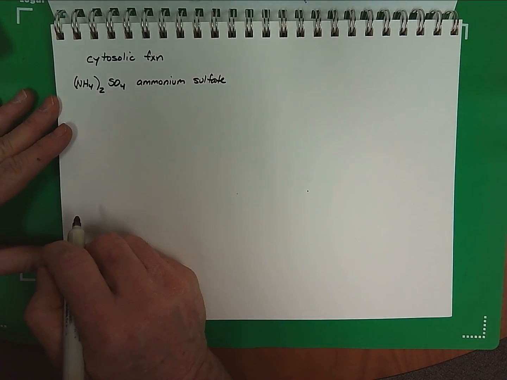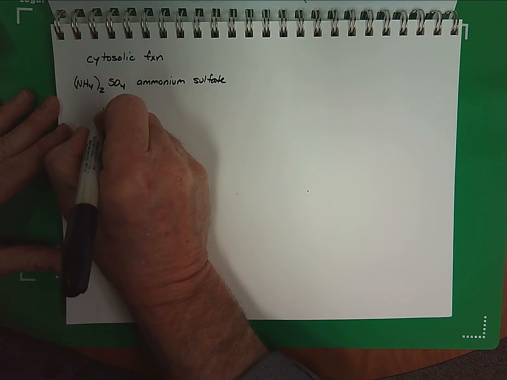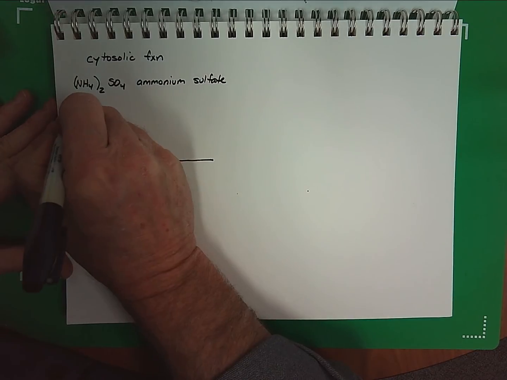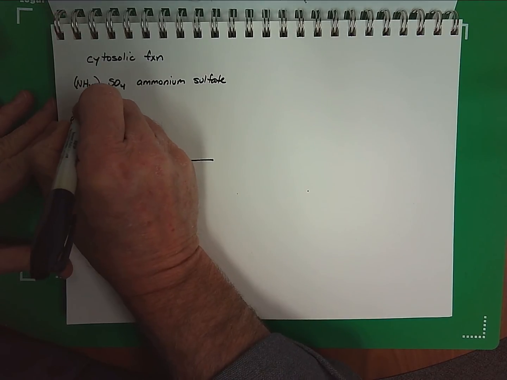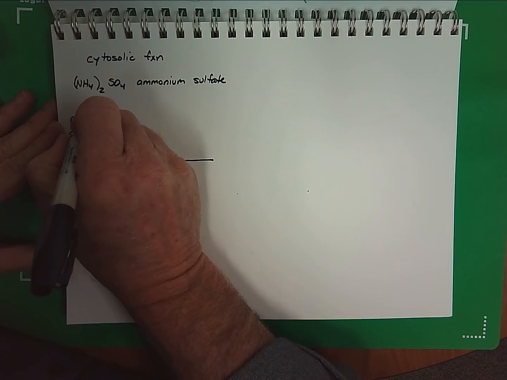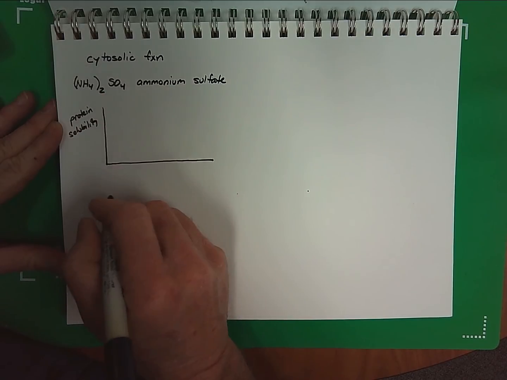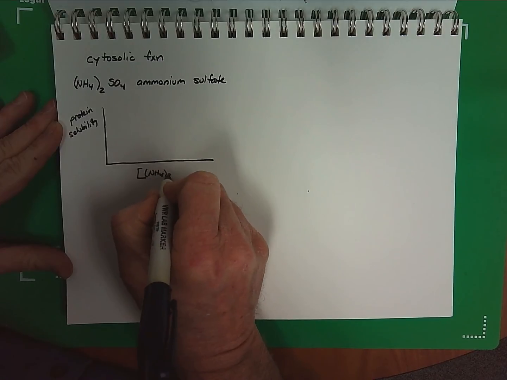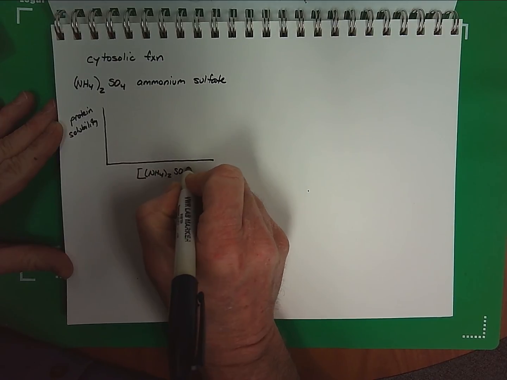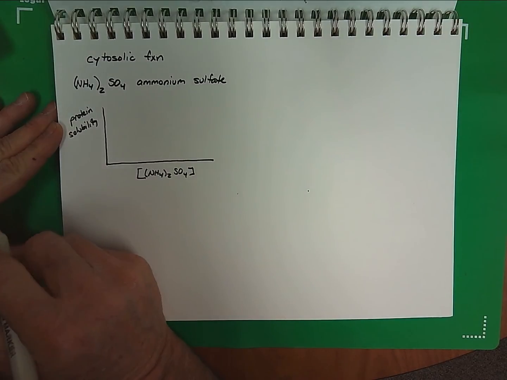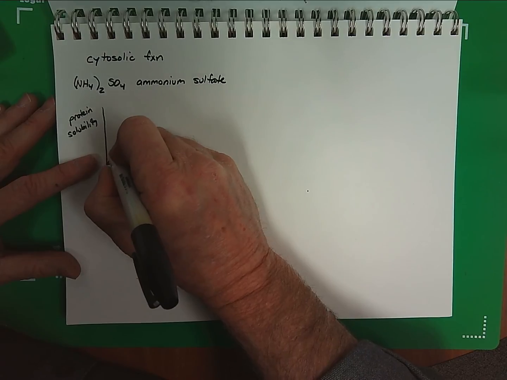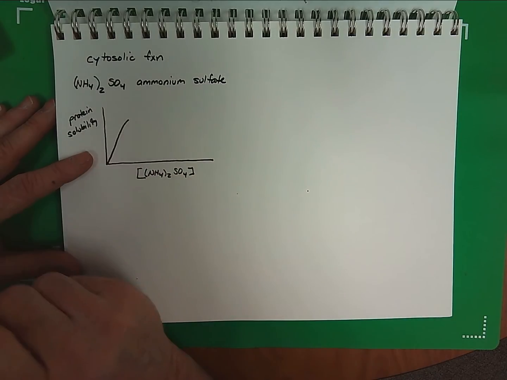Ammonium sulfate is able to alter protein solubility. So if we measure this on a graph, protein solubility versus concentration of ammonium sulfate, we will see that a little bit of salt dramatically increases protein solubility.